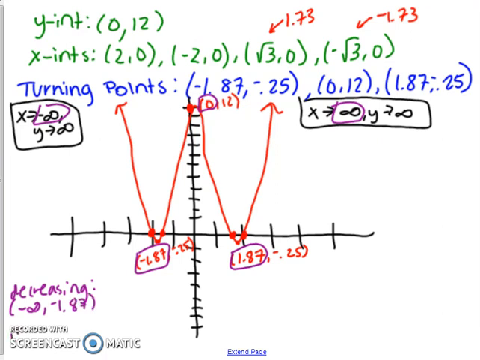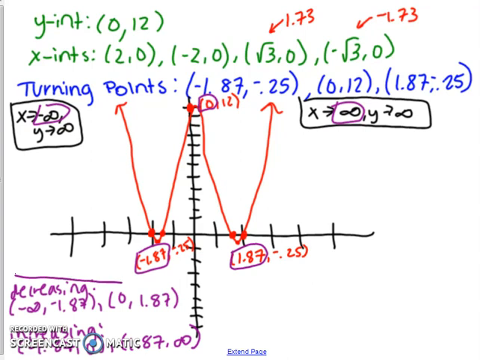Then it's increasing from negative 1.87 to 0. Then it decreases again from 0 to positive 1.87. Then it increases from positive 1.87 to infinity. So there's our intervals. Now the last thing we have to do is the domain and the range.